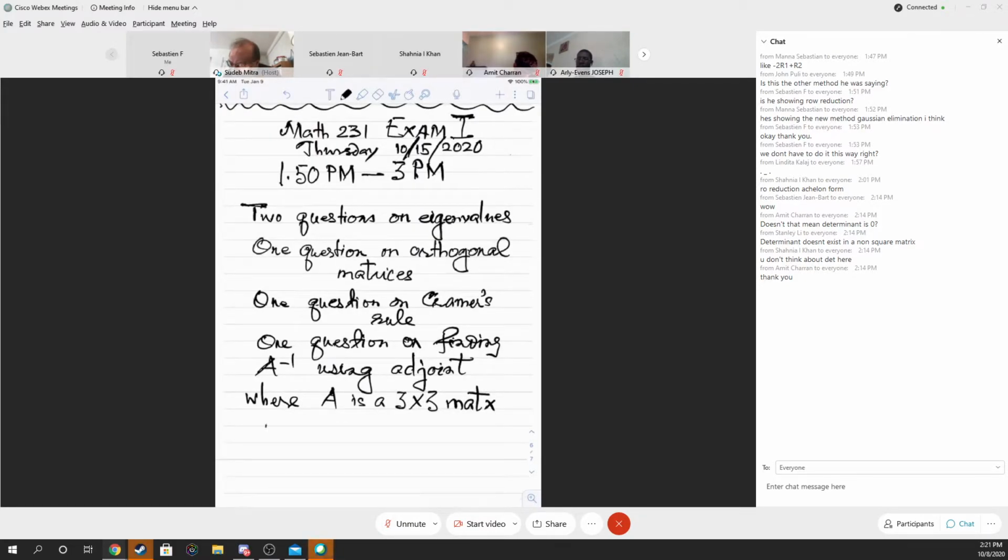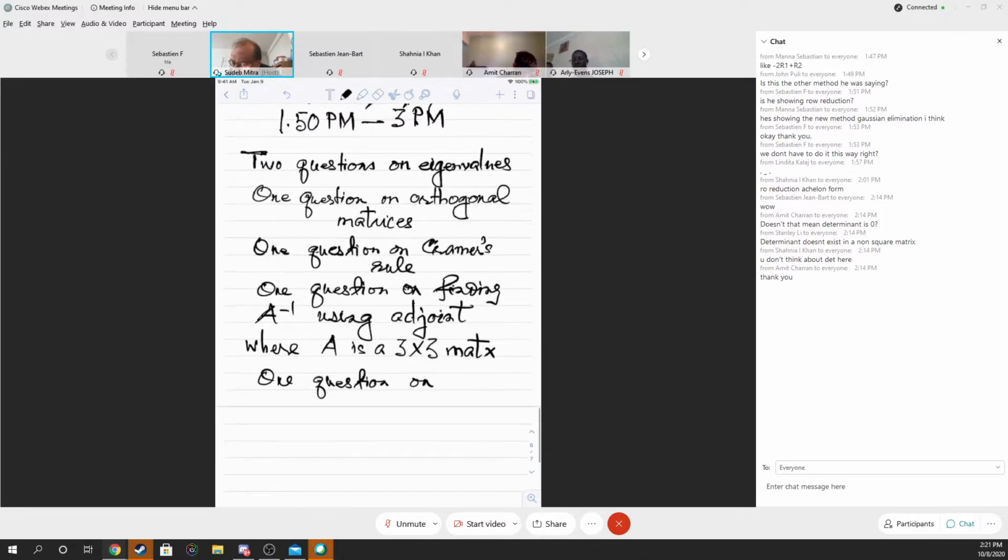One question on evaluating a 4 by 4 determinant by row reduction.